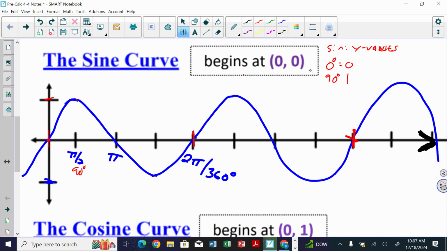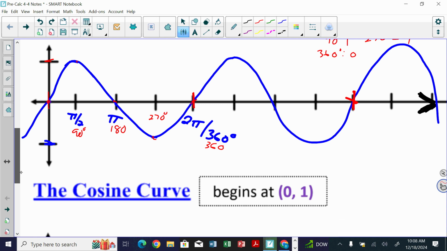Then at 180 degrees, you're back down to 0 because you go through here. At 270, you go all the way down to -1 when we get down here. So it'll be 270 degrees, right? And we talked about this being 360. And at 360, you're back at 0 because that's the period length, okay? So it kind of repeats like that.